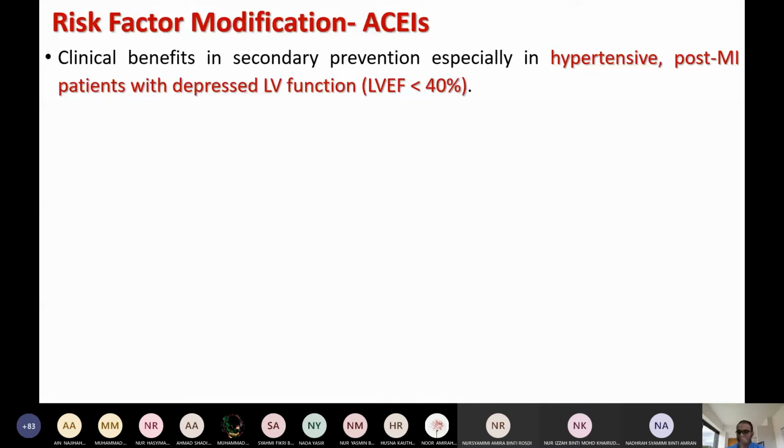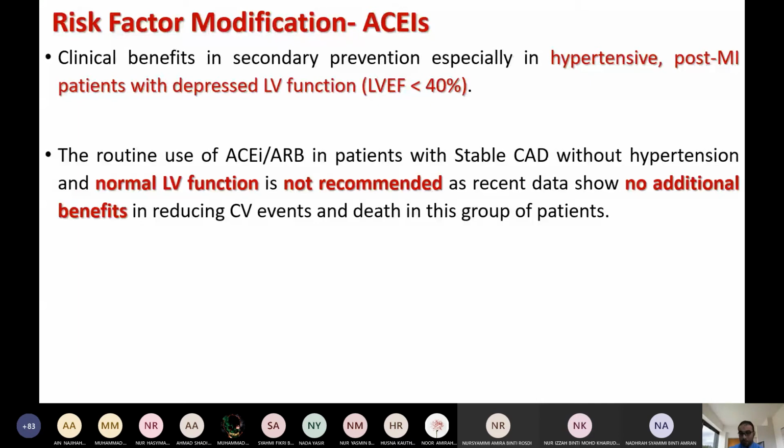So ACE inhibitors have many clinical benefits for secondary cardiovascular prevention, especially in patients who already have hypertension, those who have had a prior cardiovascular event, meaning an MI happened before, and a left ventricular ejection fraction of 40 or less. In those categories, ACE inhibitor is a very important medication.